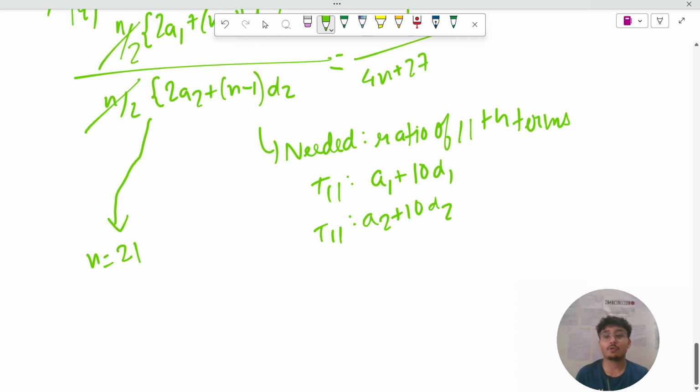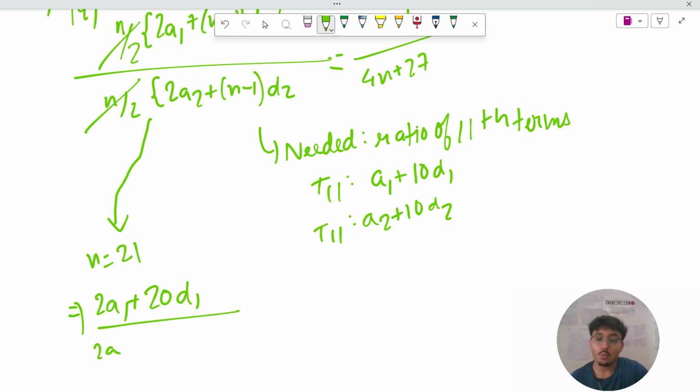So if I put n as 21, I'm left with (2a1 plus 20d1) by (2a2 plus 20d2). Since we are putting it in the LHS, to keep the value unchanged we also need to implement it in the RHS.